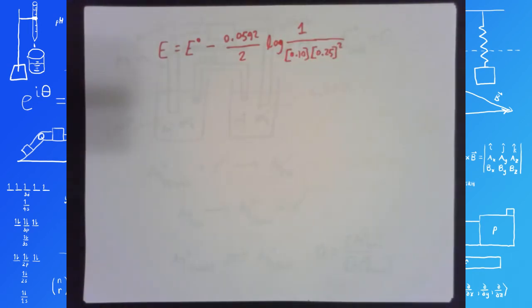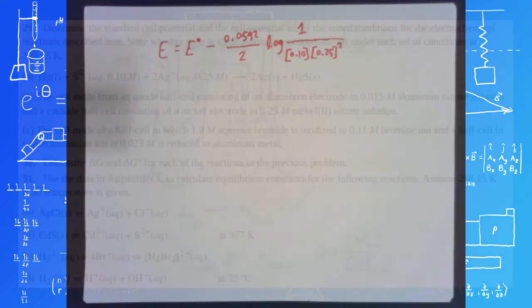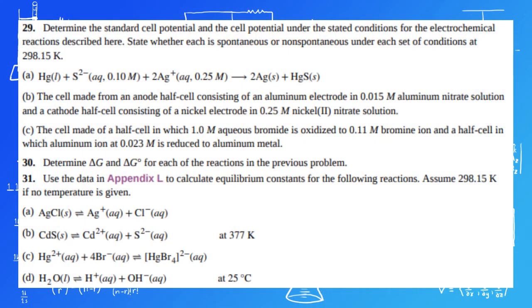Part B, the cell made from an anode half cell consisting of an aluminum electrode in 0.015 molar aluminum nitrate solution and a cathode half cell consisting of a nickel electrode in 0.25 molar nickel 2 nitrate solution.